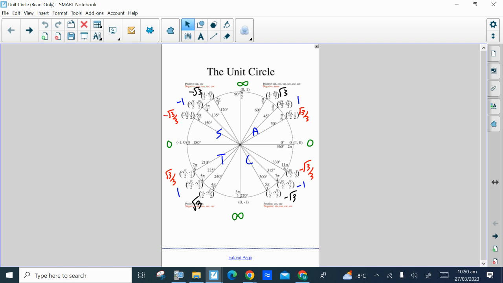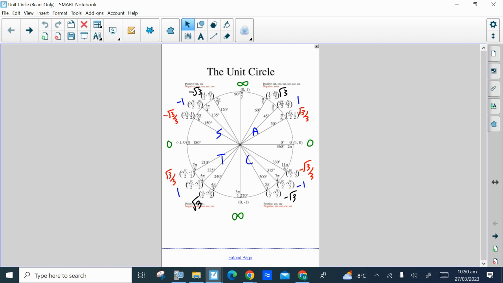Cosine equals -1/2 over here at 2 pi on 3, and down here at 4 pi on 3. That's where the cosine, the x value, is -1/2. 2 pi on 3 and 4 pi on 3.